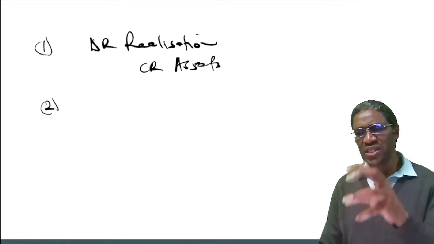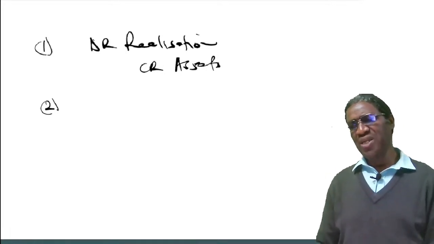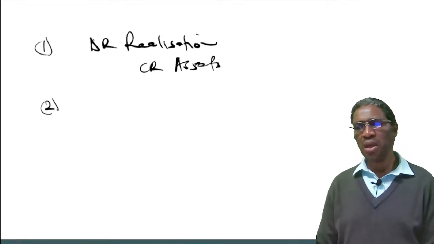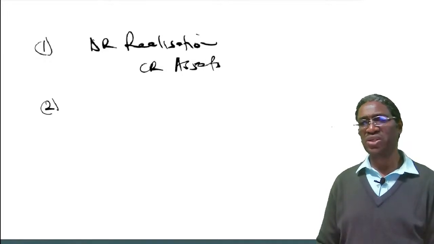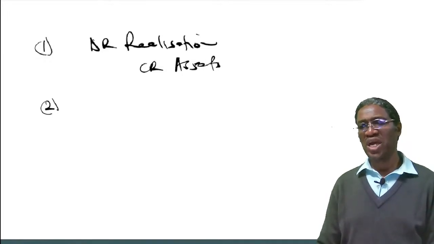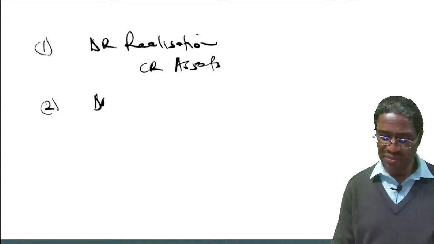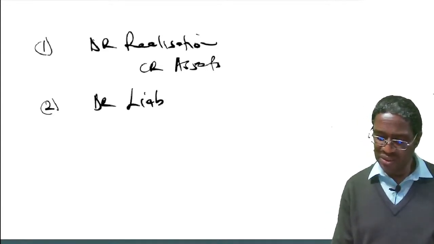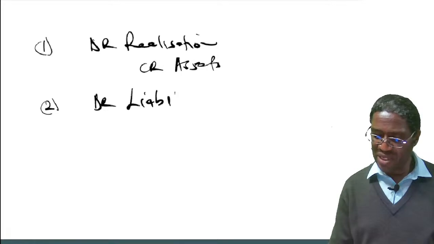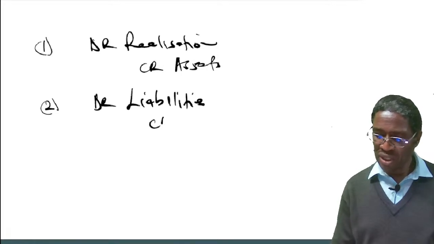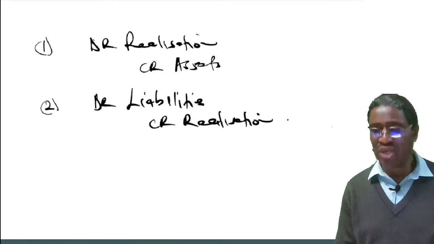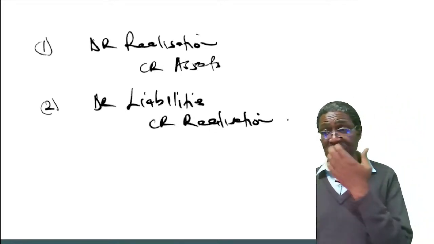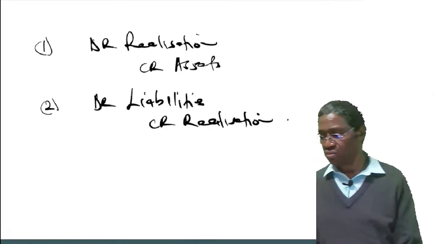Okay. Number two. With liabilities taken over by the purchasing company: debit liabilities, credit realization.